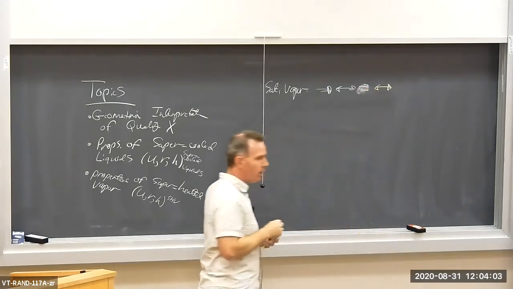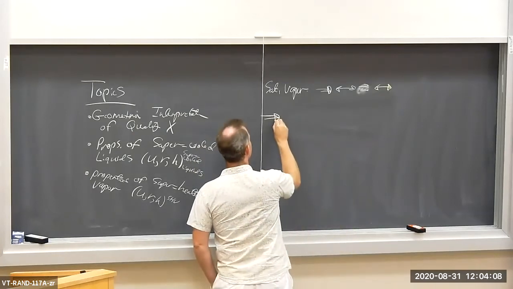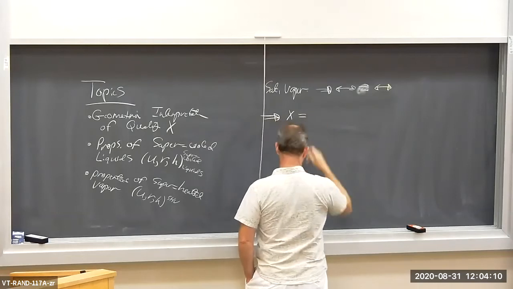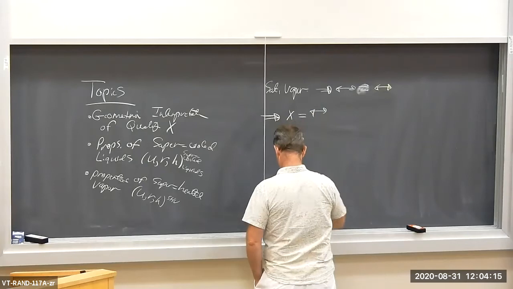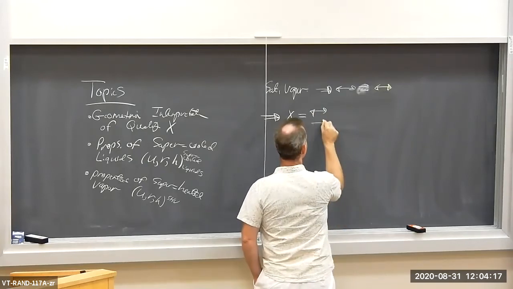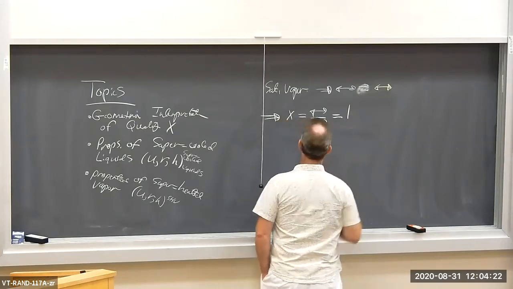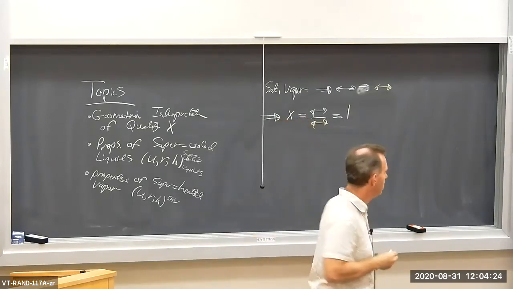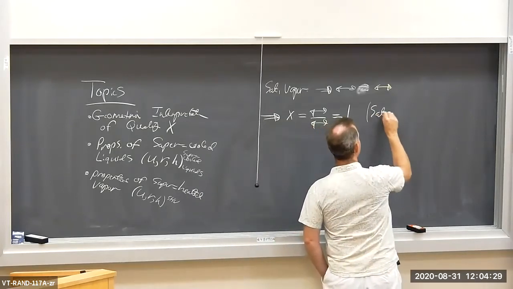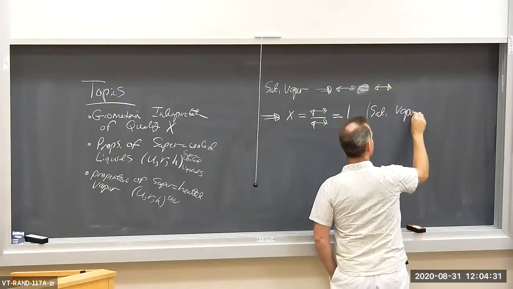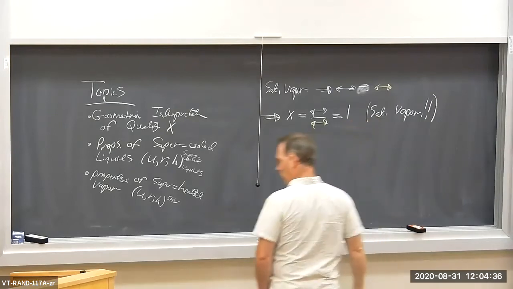The green and the yellow are of the same length, and so that means X, which is your green over your yellow, is equal to 1, okay? So when X is equal to 1, we have a saturated vapor. Saturated vapor, no liquid, okay?